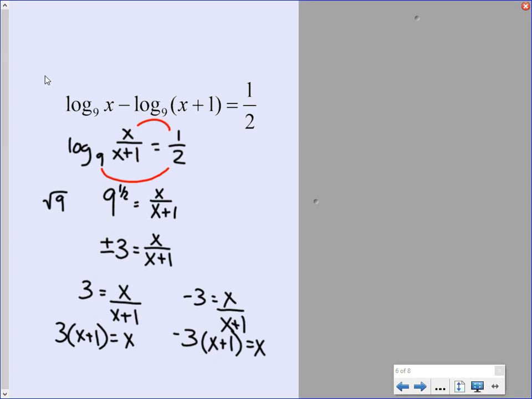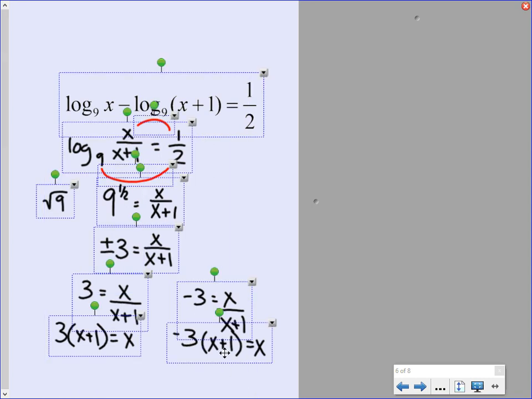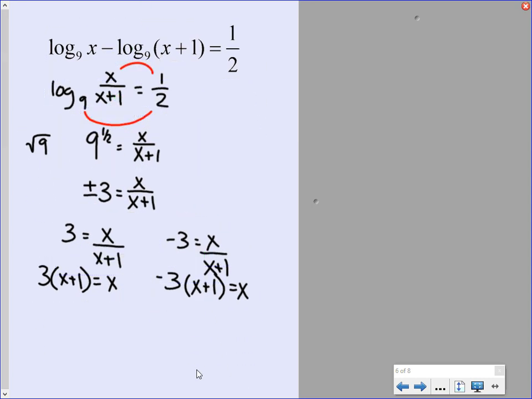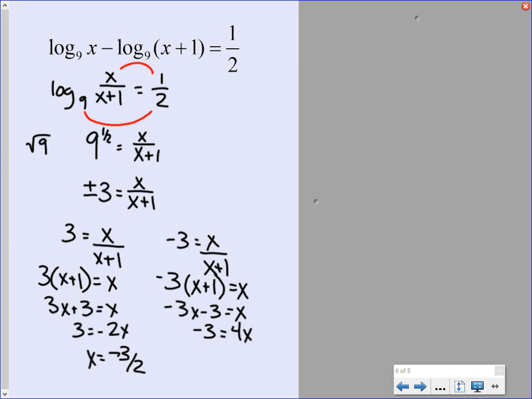Then I would distribute: 3x plus 3 equals x, negative 3x minus 3 equals x, and those are pretty easy equations for me to solve. So I would get 3 equals negative 2x, so x equals negative 3/2. And then I would get negative 3 equals 4x, so x equals negative 3/4.